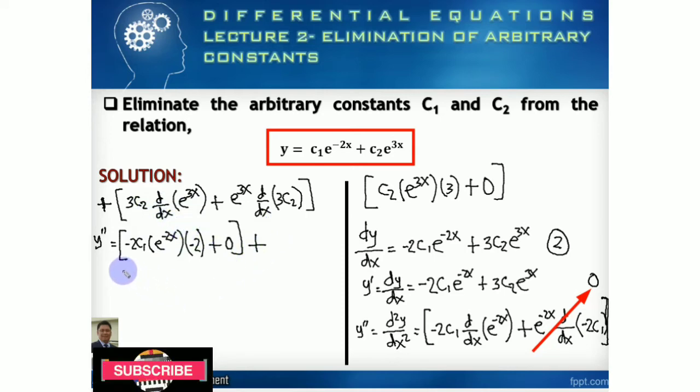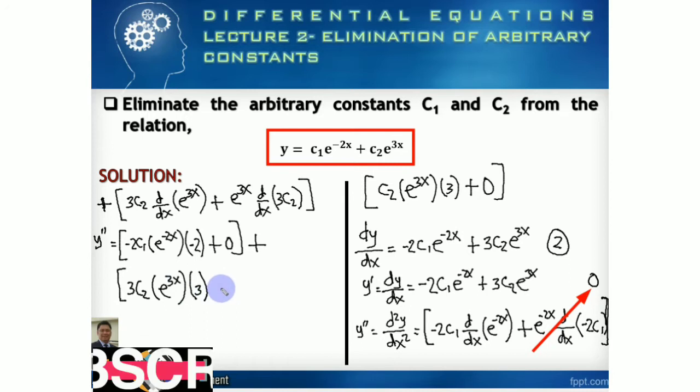We have now this 3c2 times the derivative of this one, which is e to the 3x times the derivative of your 3x is 3.